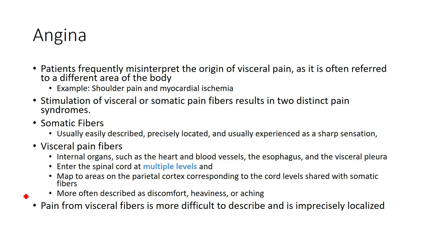So with angina, it's important to note somatic pain, so if you roll your ankle, versus visceral pain, you're going to have two presentations that are a little bit different.